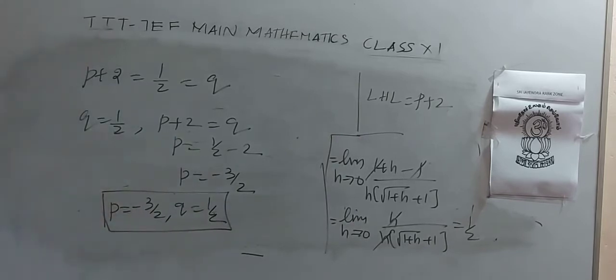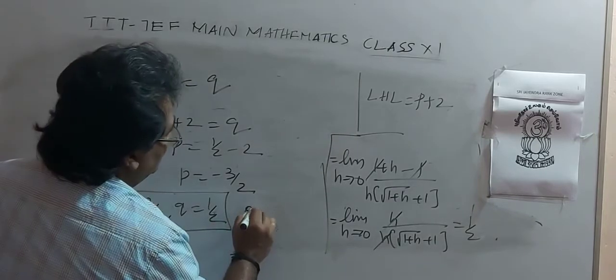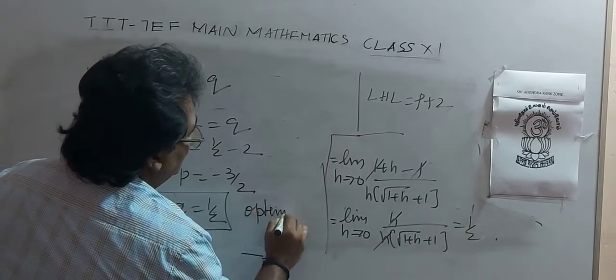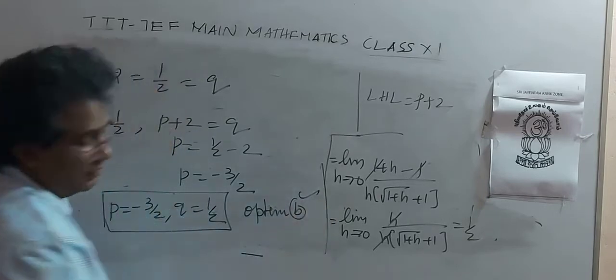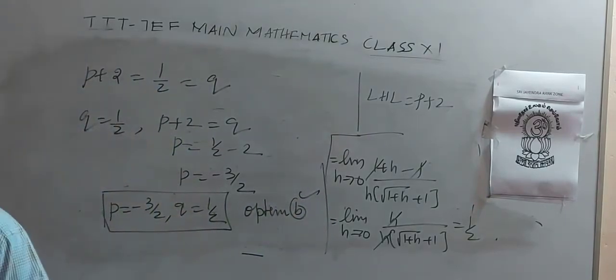P equal to minus 3 by 2, q equal to 1 by 2. So option B is correct.